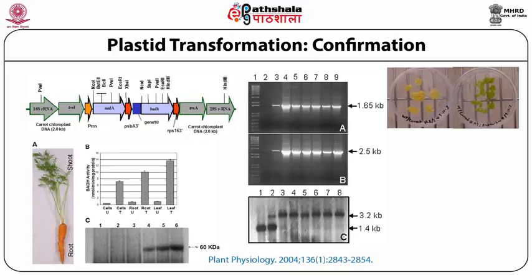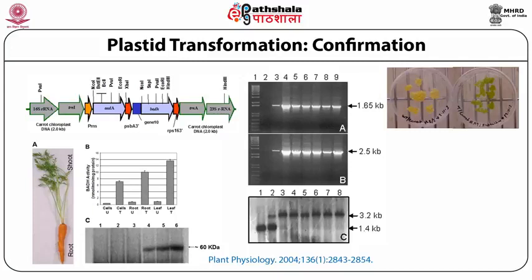But after the next stage, how will you confirm whether the chloroplast transformation has taken place or not? What is the status, the level, the polarity level? Is your chloroplast transformation homoplasmic or heteroplasmic? This is very important to note.